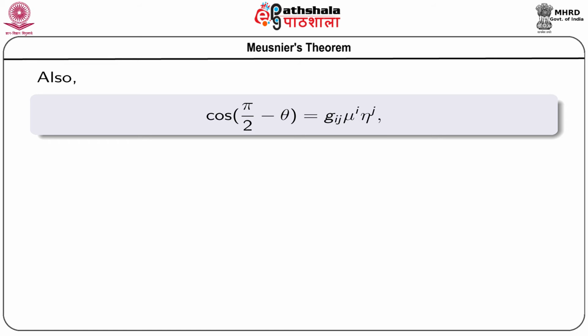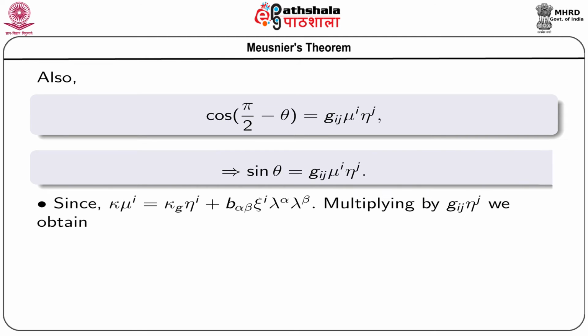So, g_ij mu^i eta^j is cos(pi/2 minus theta). That means g_ij mu^i eta^j is equal to sin theta. Now, we have this relation that kappa mu^i equals kappa_g eta^i plus b_alpha beta xi^i lambda^alpha lambda^beta. From equation 7 we got this relation.